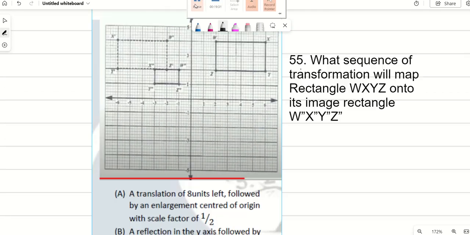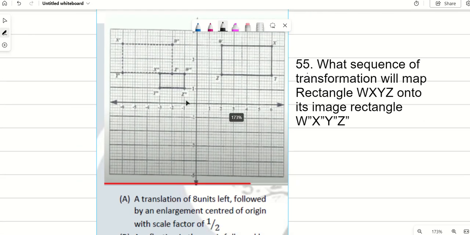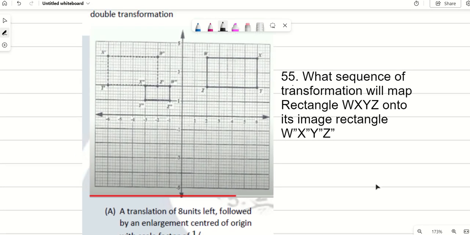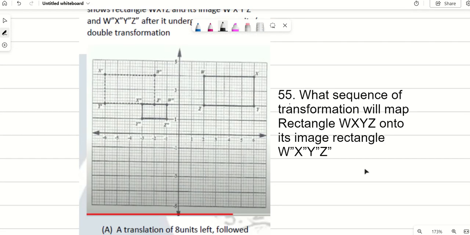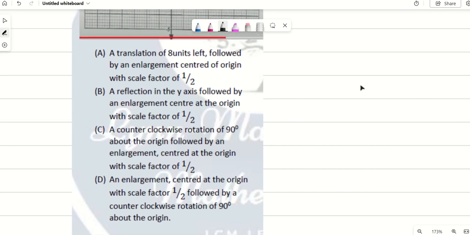Number 55, I didn't type it down here, but it says: what sequence of transformations will map rectangle WXYZ onto WXYZ prime, second prime, the two little asterisks? So we are looking at this smaller shape here. If we look at this first, what type of transformation is that? That is enlargement. All of them have enlargement, okay.